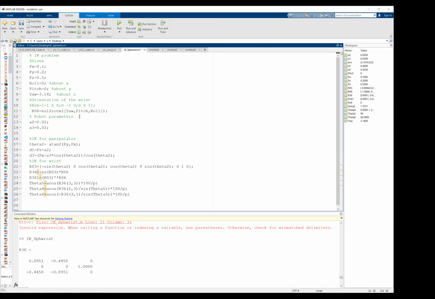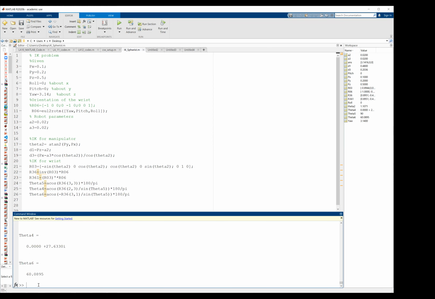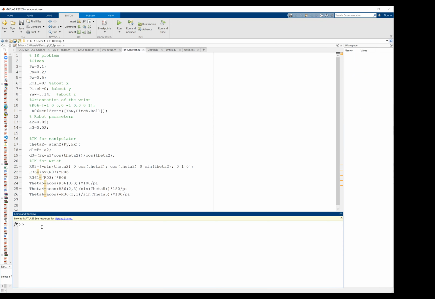So now you should be getting the answer. Clear all, and then you should be able to find the inverse kinematics answers.